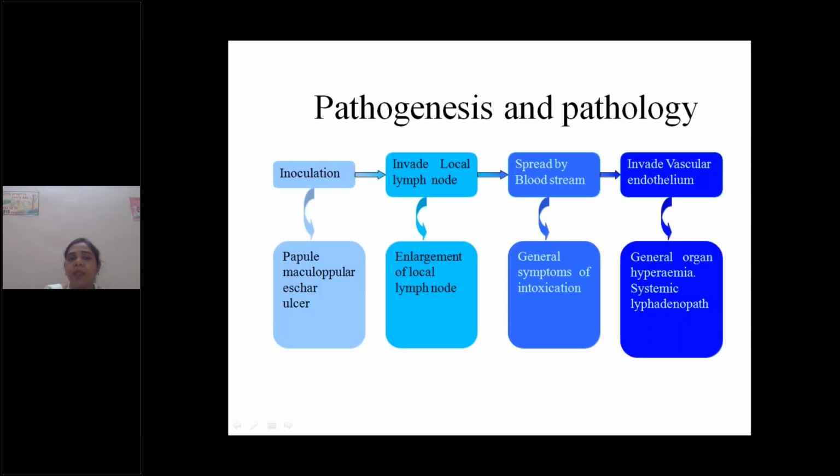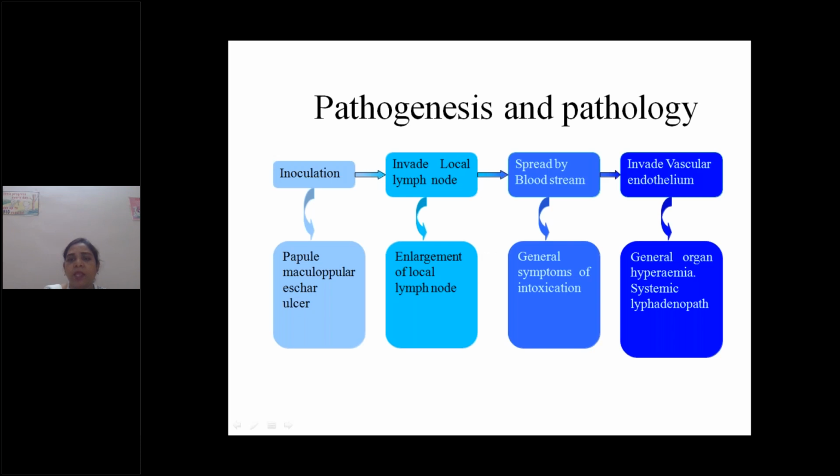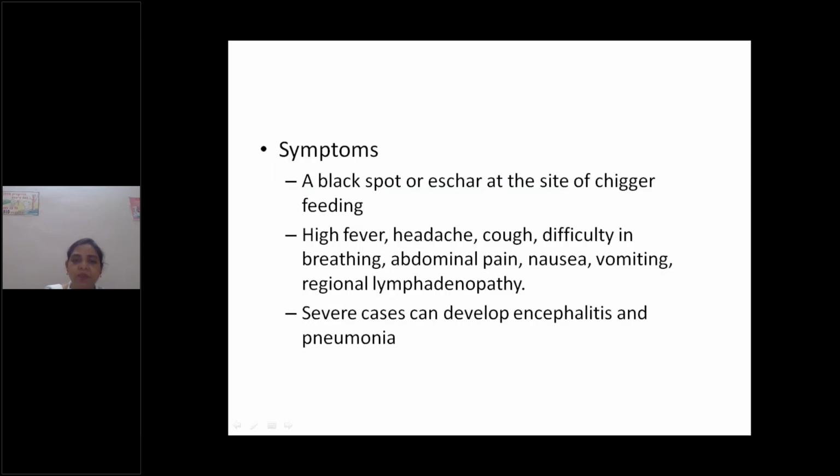Next, what will happen? They invade the lymph node and spread by bloodstream. When that takes place, general symptoms appear, such as fever, headache, all of it. Next, when it becomes severe, the person may develop encephalitis and pneumonia.